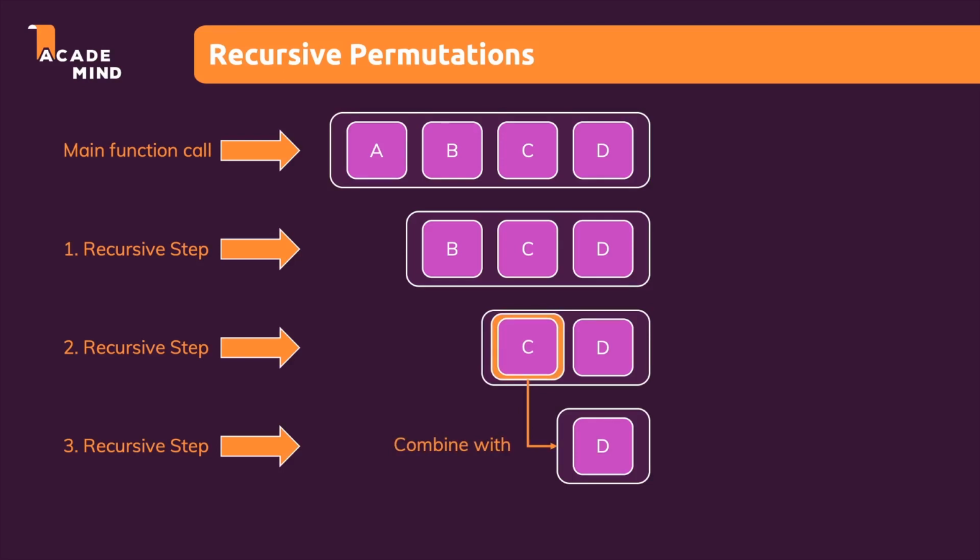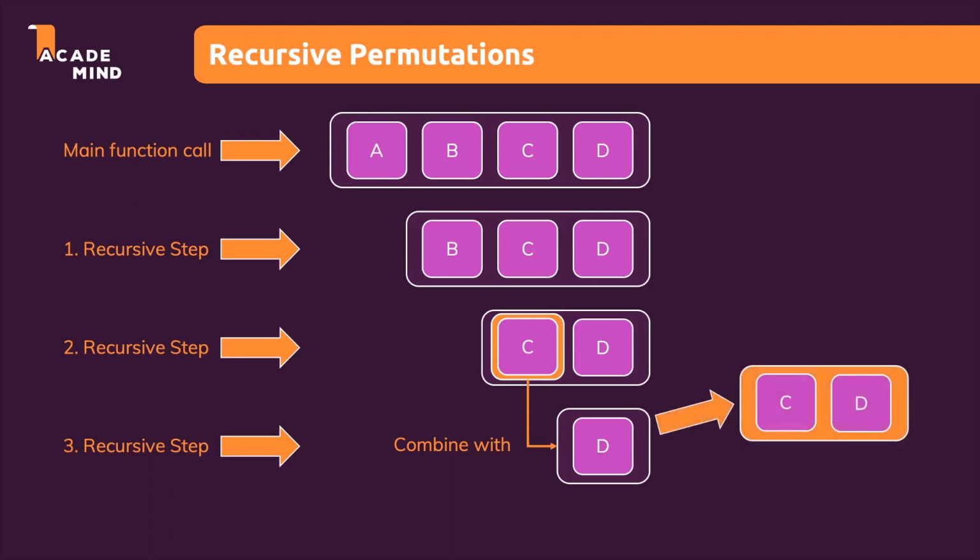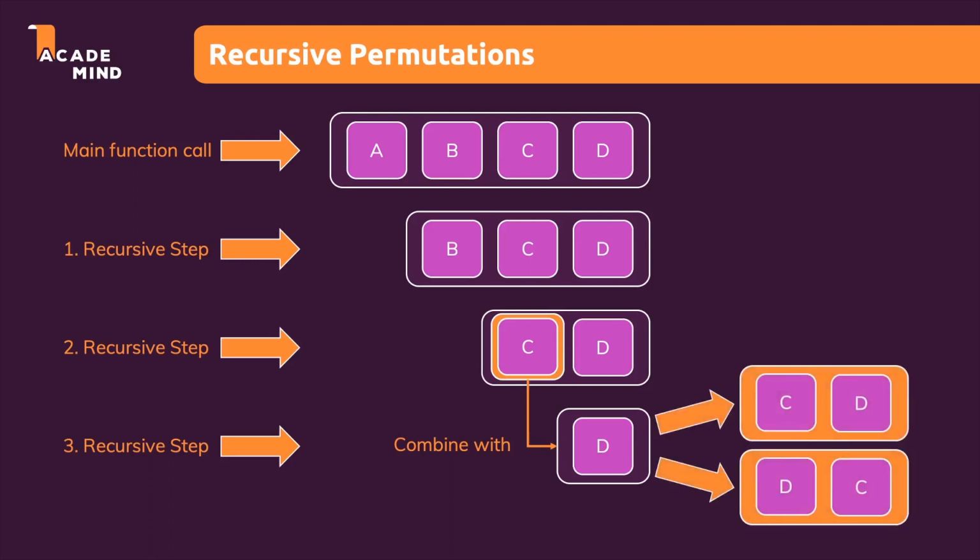And with combine, I mean that we'll need some code, some loop, in the end, that gives us all possible combinations of these two elements. So CD and DC in this case here. Now, by splitting this problem into smaller arrays, we will be able to use a loop because we'll have simplified the problem.